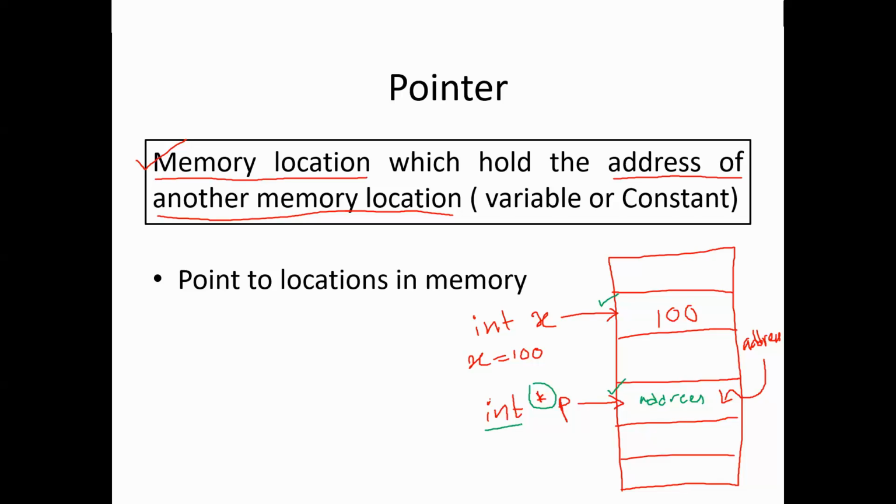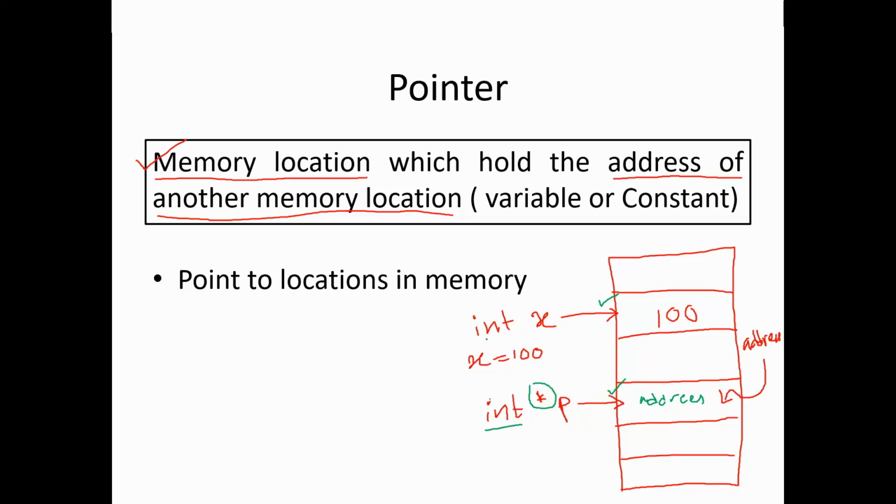I think it is clear to you. So the main difference between creating a variable and creating a pointer is, if we create a simple variable with the relevant data type, it will refer to a memory location which can hold data of that data type.